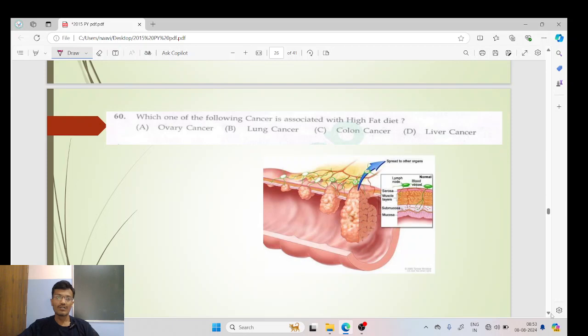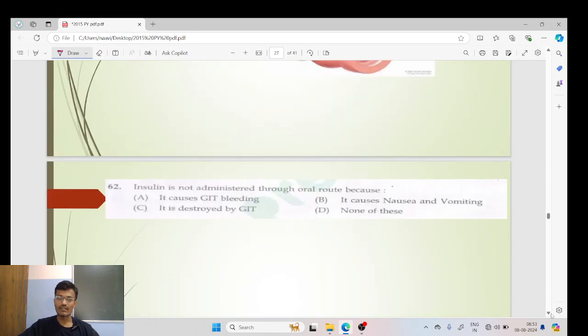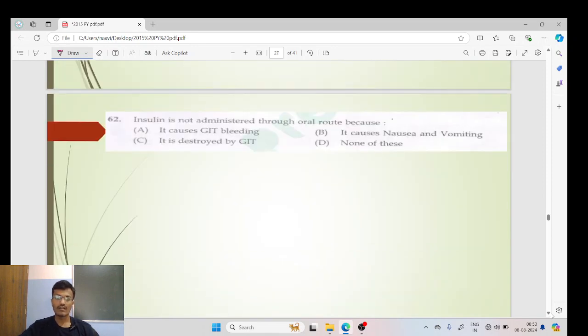Which of the following cancers is associated with a high fat diet? Yes, the answer is colon cancer. Insulin is not administered through the oral route because it is mainly destroyed in the gastrointestinal tract.